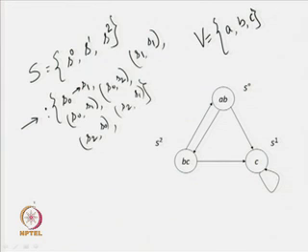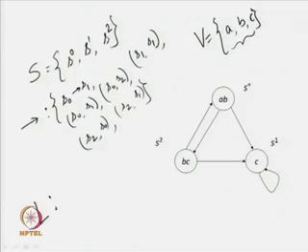Now, along with that we should have a labeling function L. What is this labeling function? It says that we label each and every state by a subset of the power set of the set of atomic propositions. In a particular state, if the atomic proposition is true, then we label the state with it. Here, L of S0 is nothing but {A, B}.